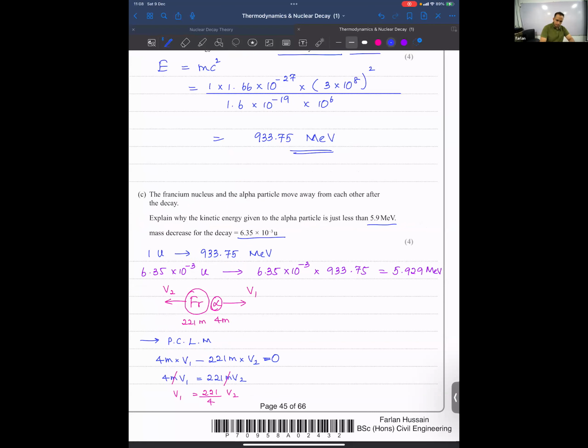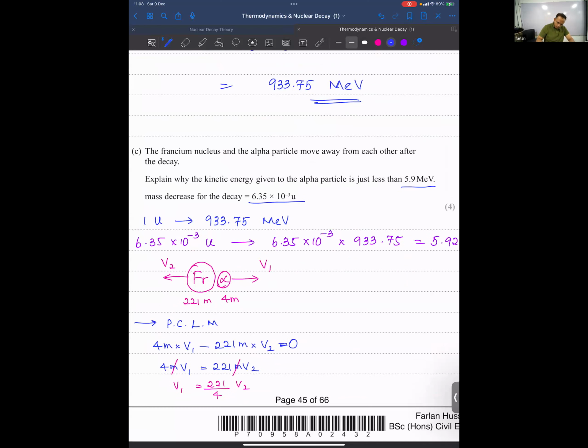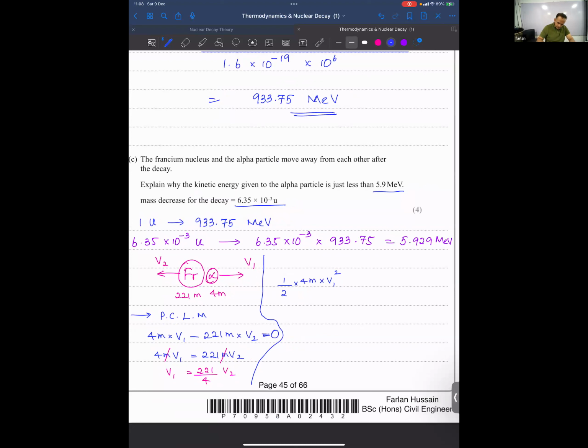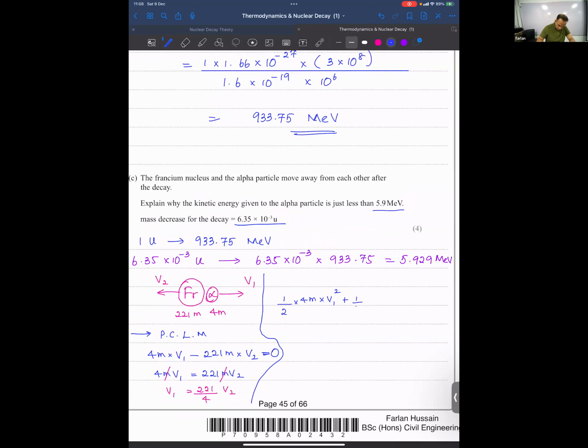There will be a little bit of math, so concentrate properly. Half into 4m into V1 square is the kinetic energy of the alpha particle. Agree? Plus half into 221m into V2 square is the kinetic energy of the francium nuclei, which, the addition is 5.929.